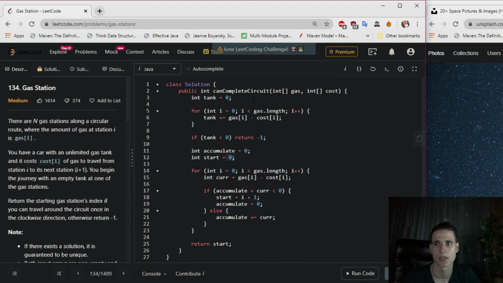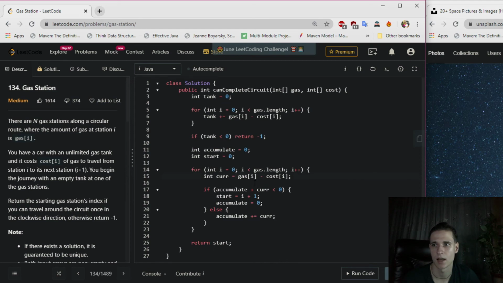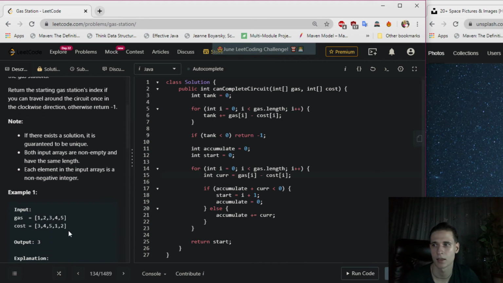We are looping till the length of the gas array, and at each iteration we find out the current gain. We say gas at I minus cost at I, like here, 1 minus 3, or just 2 minus 4, or just 3 minus 5, right?